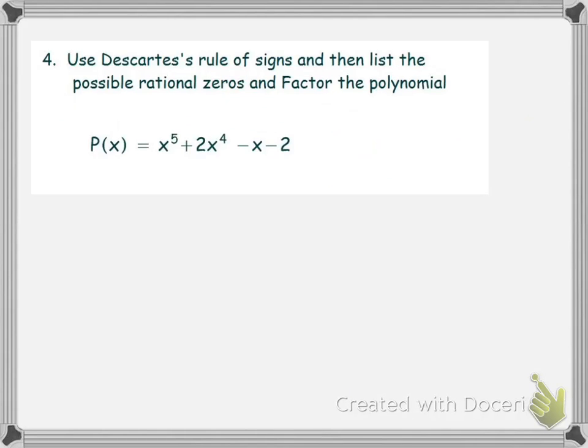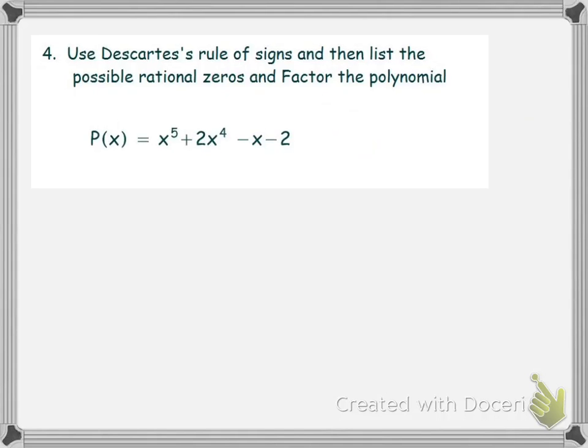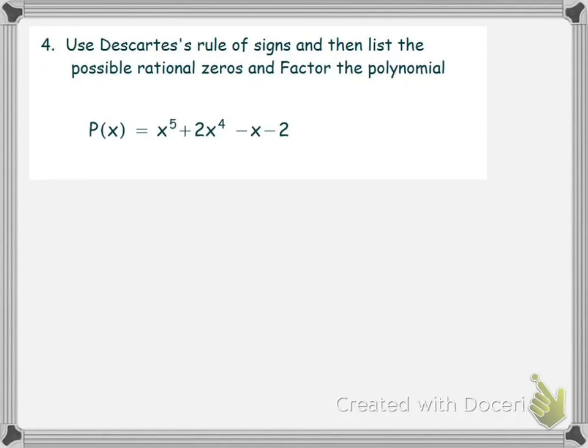So on this one, we're going to use Descartes' rule of signs and then list the possible rational zeros, the p over q's, and then factor the polynomial. Okay, so for Descartes' rule of signs, I'm listing the positive and the negative. For the positive, I'm going from p of x. It doesn't change here. It does change there.